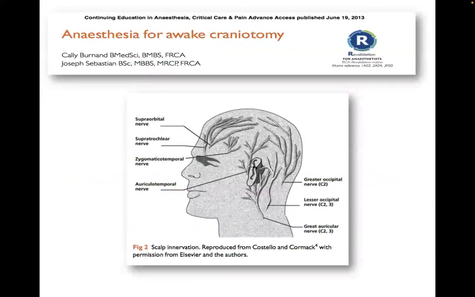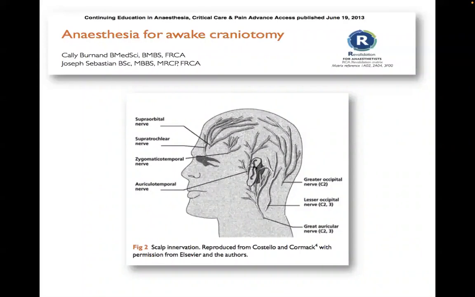These are the nerve supplies which we have to target. The nerves supplying the scalp are the anterior, lateral, and posterior scalp nerves. The anterior scalp is supplied by the supraorbital and supratrochlear nerves. The lateral scalp is supplied by the zygomaticotemporal and auriculotemporal nerves, which are branches of the trigeminal nerve.